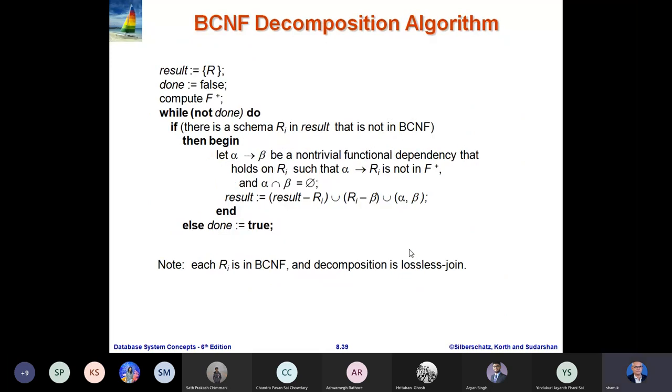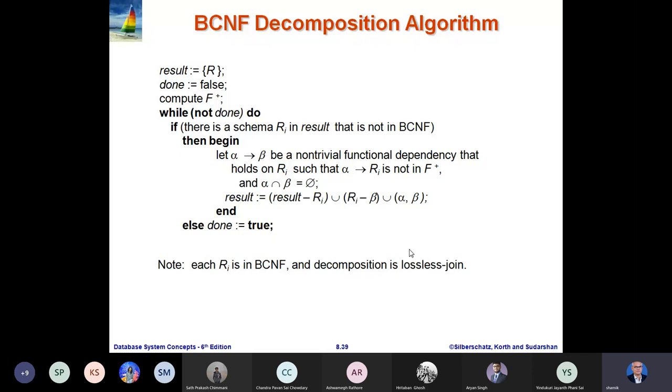So putting that together, the BCNF decomposition algorithm is written here in formal pseudocode. Initially the result is R, and we compute F plus. Then for any schema Ri in result that is not in BCNF, we keep on doing the decomposition.